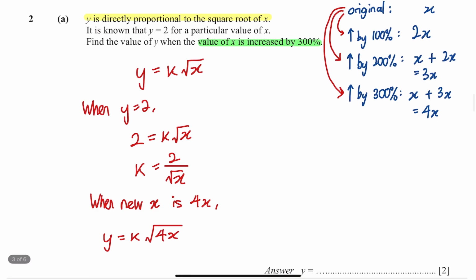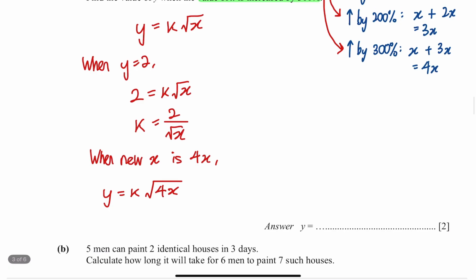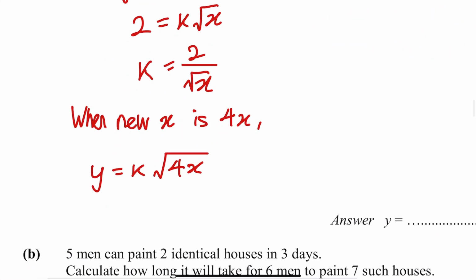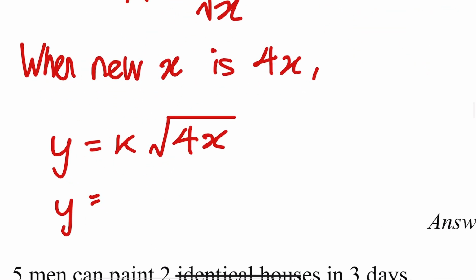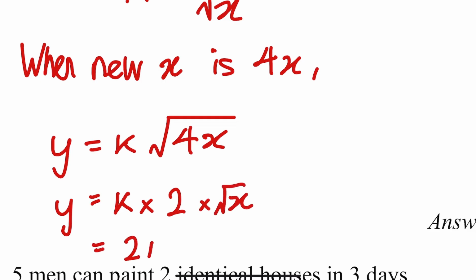Then now let me simplify from here. K times square root 4x, this can actually be simplified to, over here, square root of 4 is actually 2. So I can take out this 4 here, I'm just left with square root x. So what I mean is that this is simply k times square root of 4 is 2 times square root of x, which means that this is equal to 2k square root x.